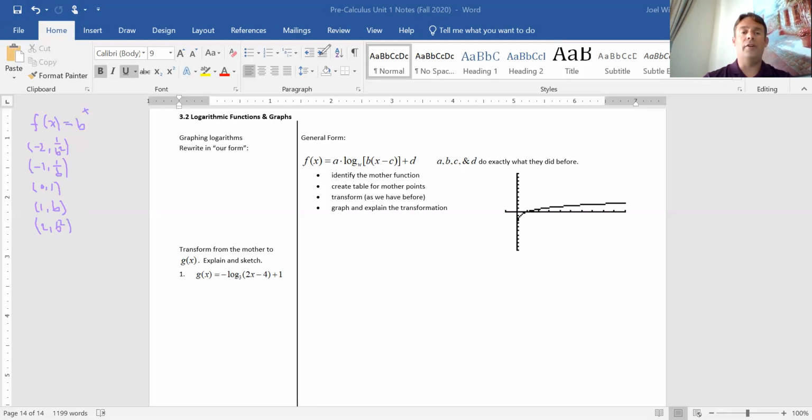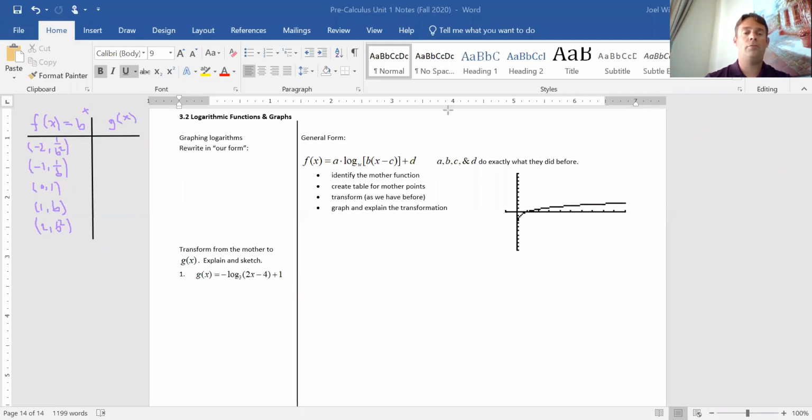Then when we graphed it, first of all, we said we were going to take these points and use them to help us figure out what our g of x was. And that's when we did all our transformations with a, b, c, and d, or a, b, h, and k.